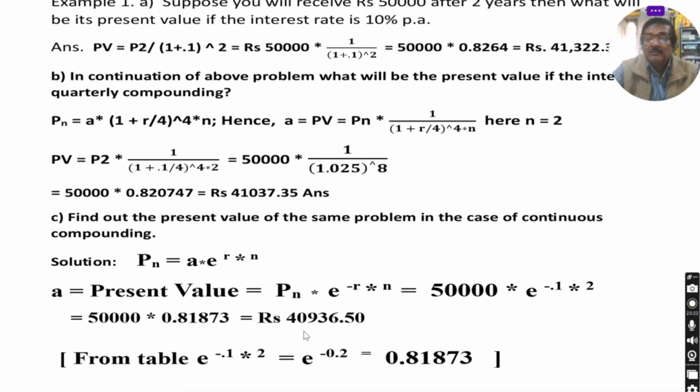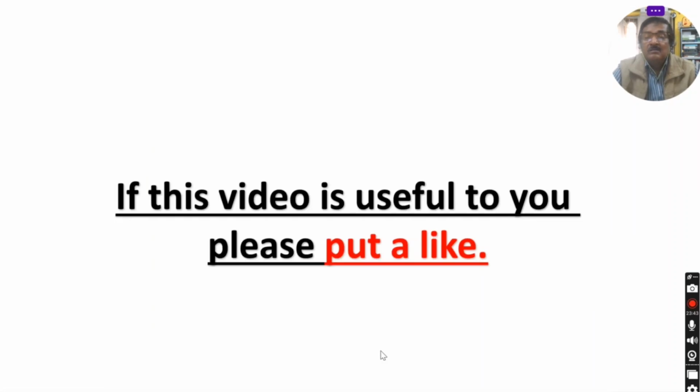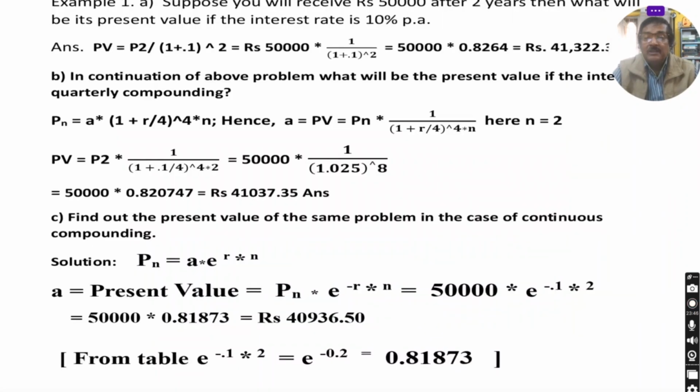And this is the factor. The value of this you can get from the table that I will show you. The value will be 40,936.50.